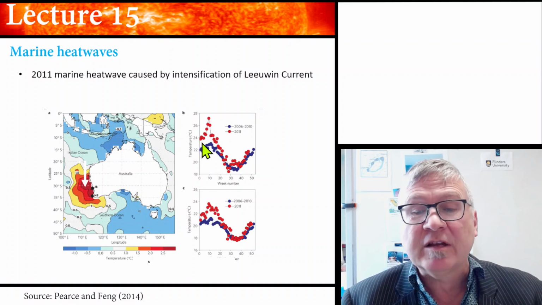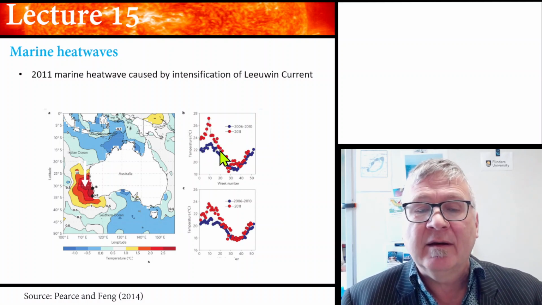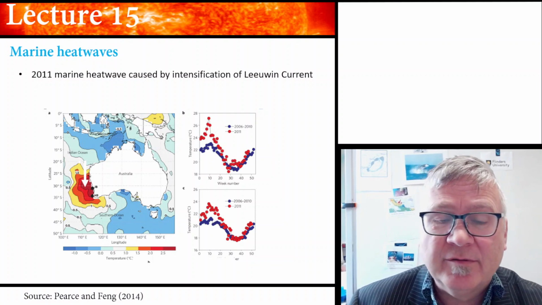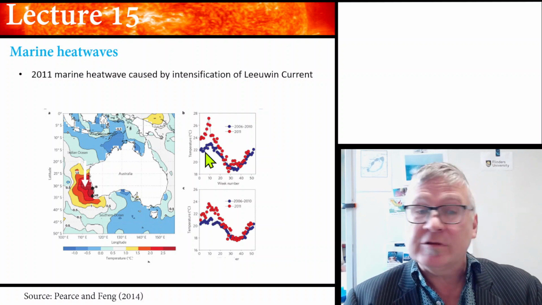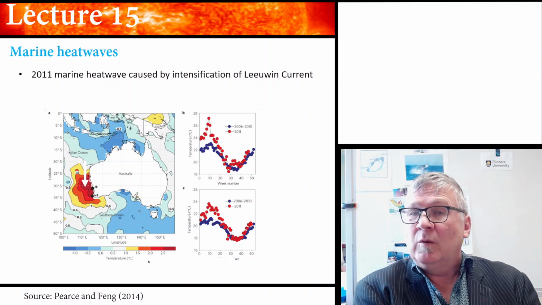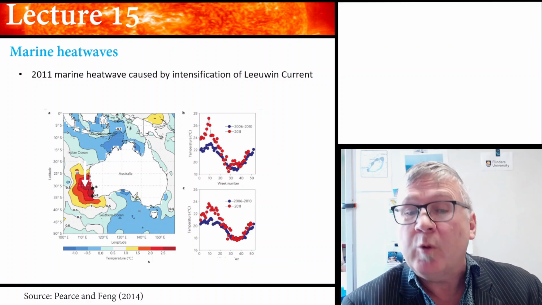And you can see it's much warmer. It starts much warmer and becomes much warmer. That's to do with the intensification of this Leeuwin Current. So that's one example, and this is where the hot spots are, where you get the marine heat waves.